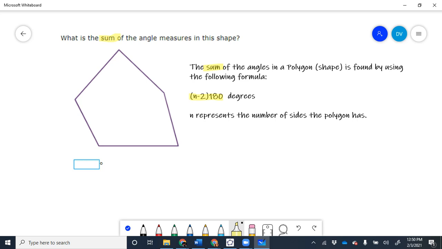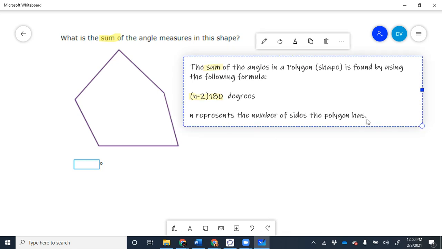So you don't have to draw these because I can draw on my screen here. I know you all can't, but this will be 1, 2, 3, 4. This shape has 5 sides. In this problem, I'm going to erase those marks and put this on our notes, and you can write it down too. In this problem, our polygon, our shape, has 5 sides.